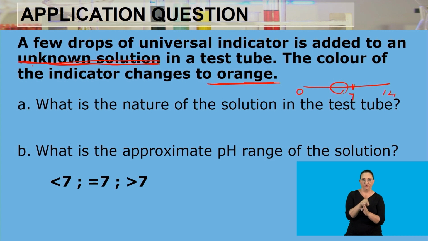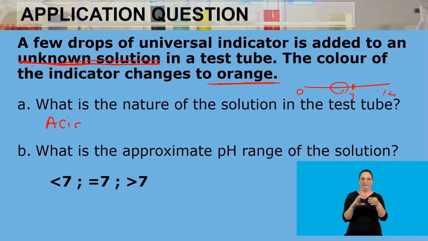And if it's below 7, we know that it's acidic. So the question is asking, what is the nature of the solution in this test tube? Because the indicator changed to orange, that tells us that the substance in that test tube was acidic in nature.